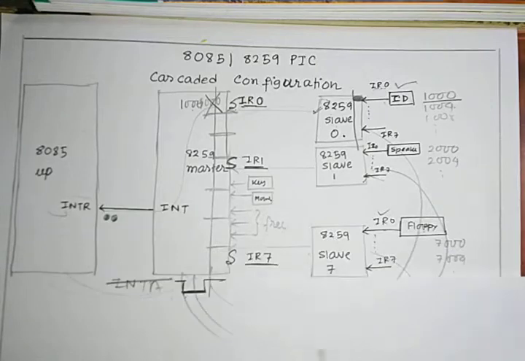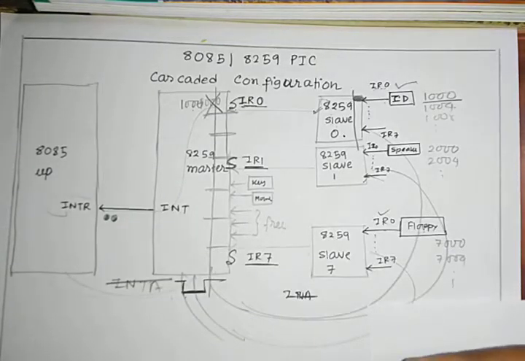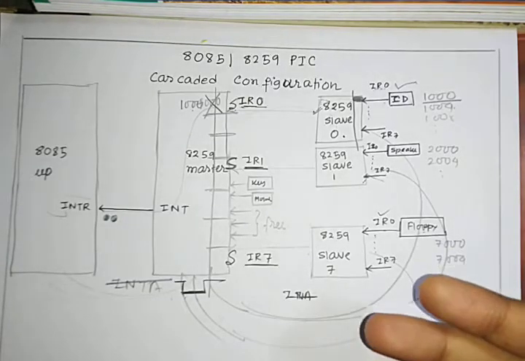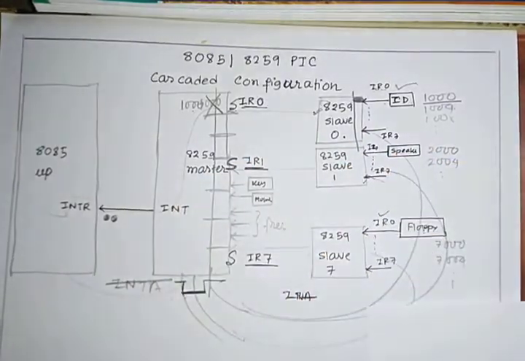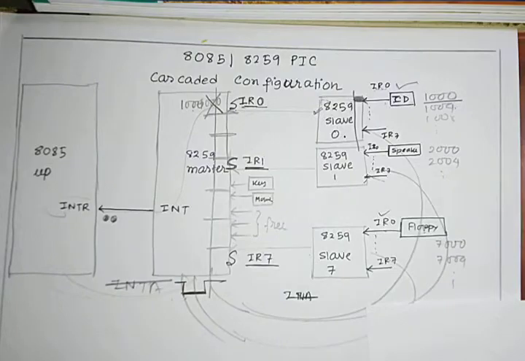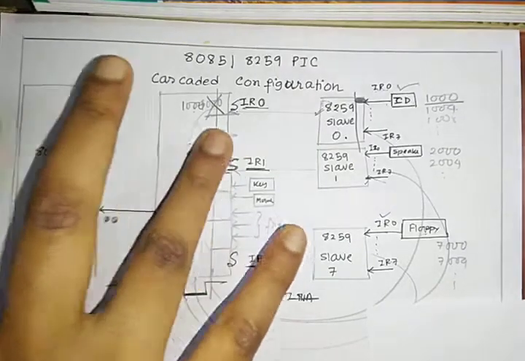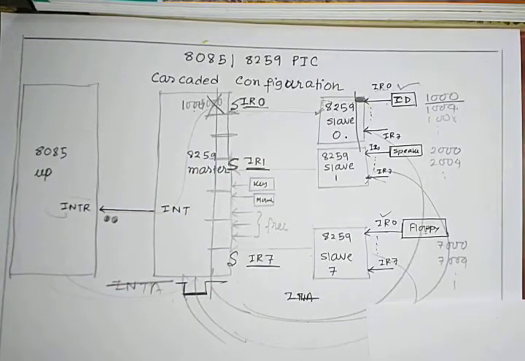So what happens? First, a programmer has to initialize addresses for master and slave. For everyone, I have to initialize addresses. Second, I have to initialize the master with the ports on which it is connected to a slave. Third, we have to give each slave a unique slave ID.